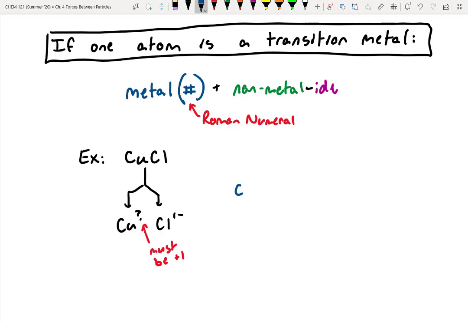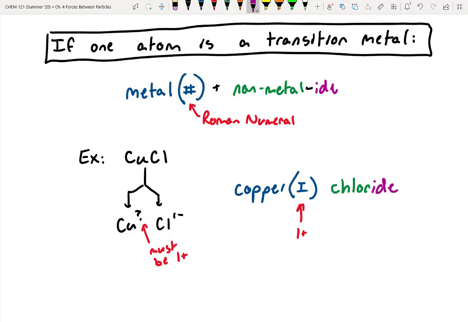Okay, so let's do the naming. So we've got copper. Sorry, I should do 1 plus, not +1. And we've got copper with a charge of 1, so I'll do Roman numeral 1, indicating a 1 plus, I should say. And then we've got our nonmetal, which is chlorine. And then our suffix is going to be IDE.